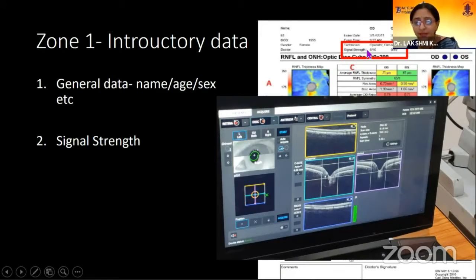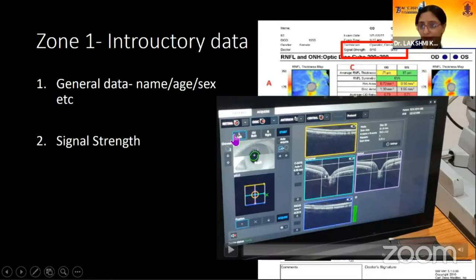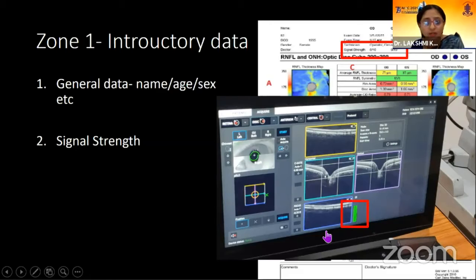It's different for different devices. If it is more than 6, it is normal in Cirrus OCT. If it is more than 35, it's a reliable test. But in Heidelberg and Revo FC OCT, it is displayed while taking the OCT, so we have to keep that in mind.